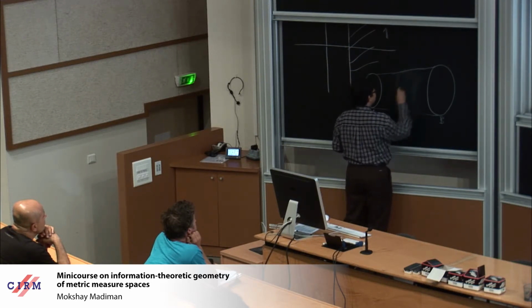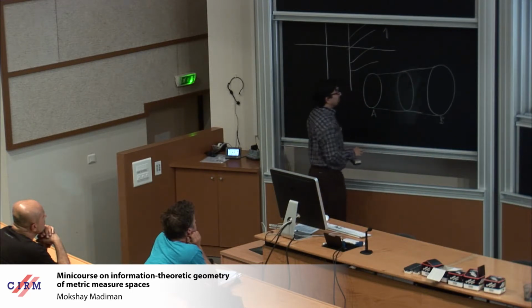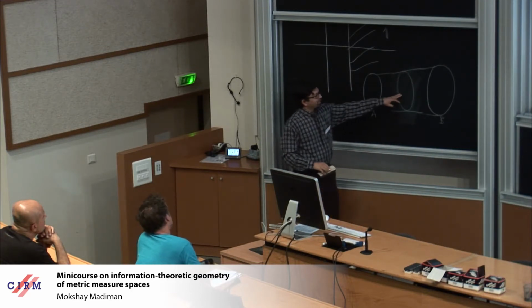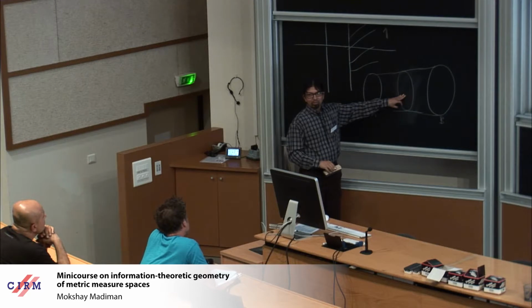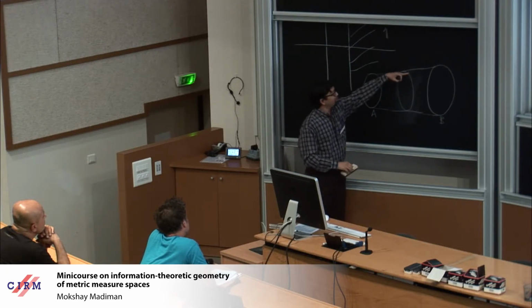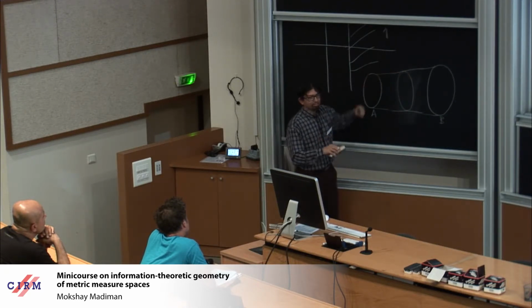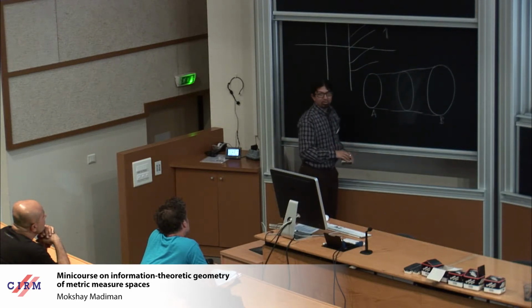I'm drawing two sets of similar shapes so that I can see what the Minkowski convex combination looks like. If you draw it geometrically, it's going to have this kind of shape. Now, if you have positive curvature, if you did this on the sphere, for instance, what would you expect to see?